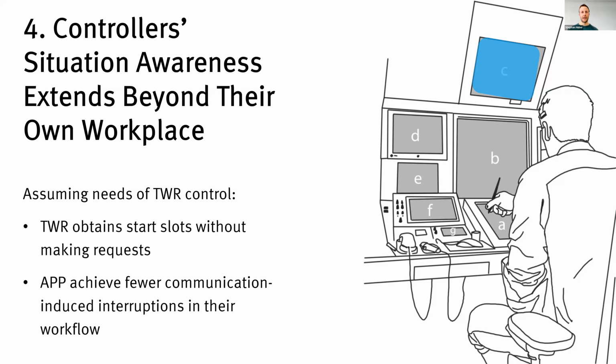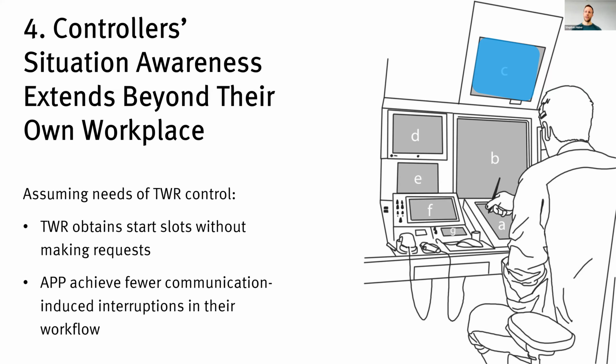And if they need this gap, they call up the traffic controller on the approach position and ask them to make a gap. However, what we observed was that approach controllers rarely received those calls because they already assumed the needs of the tower control by using this ground radar.